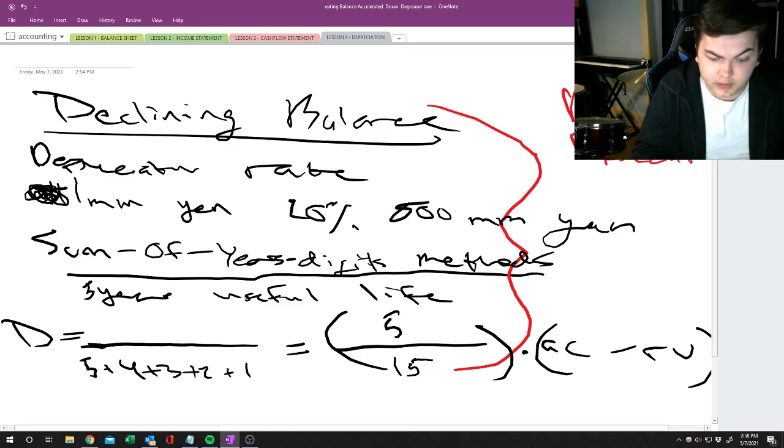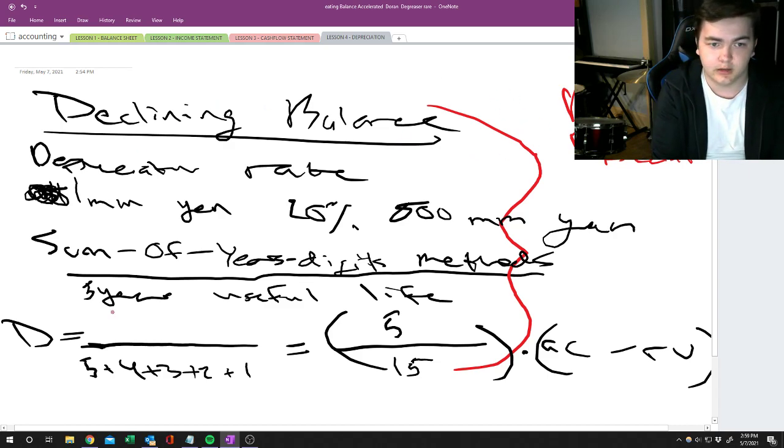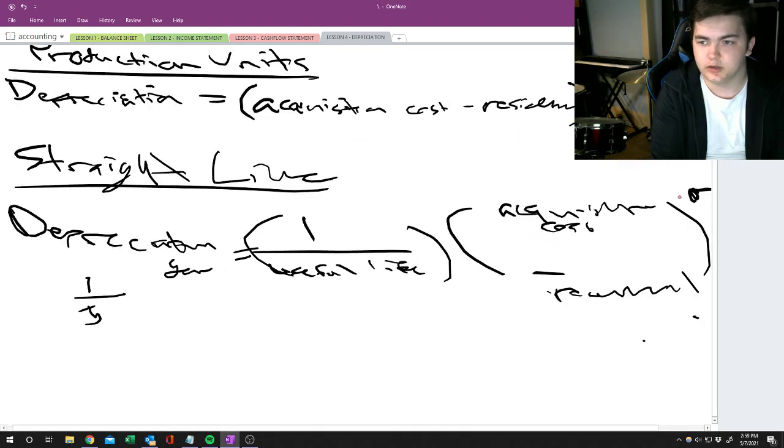Let's see if I have any other notes here before I move on. Yeah, I think that covered all the methods I wanted to talk about. So, like I was saying, these two methods here are accelerated depreciation. They accelerate early.